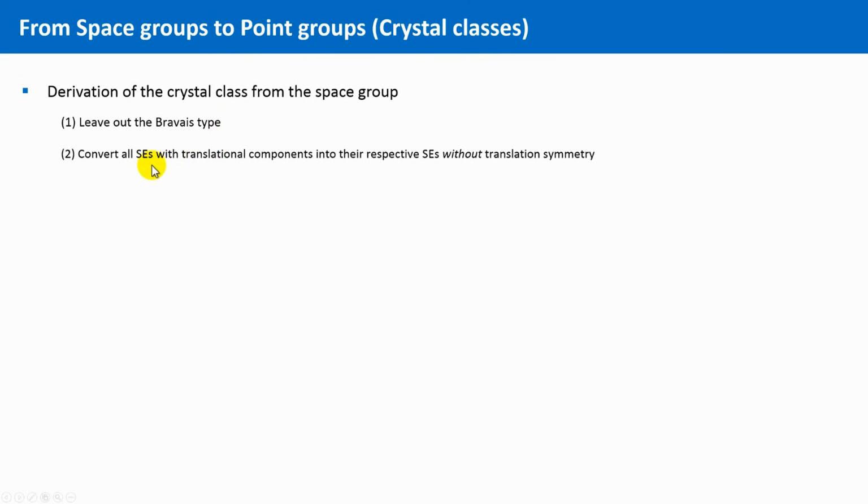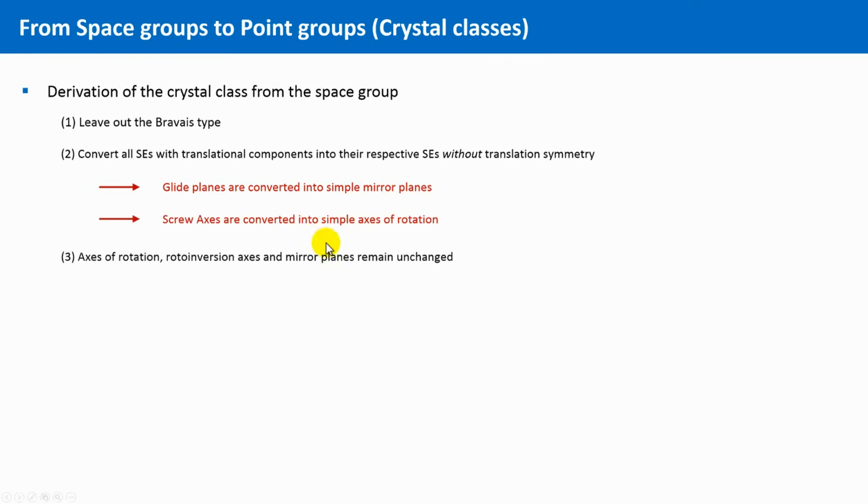Therefore, second, any symmetry element with a translational component has to be converted into the respective symmetry element without the translational part. Meaning that we have to convert A, glide planes into simple mirror planes, and B, screw axes into simple rotational axes. And what about the symmetry elements without translational components? They already describe point symmetry, so they simply remain unchanged.